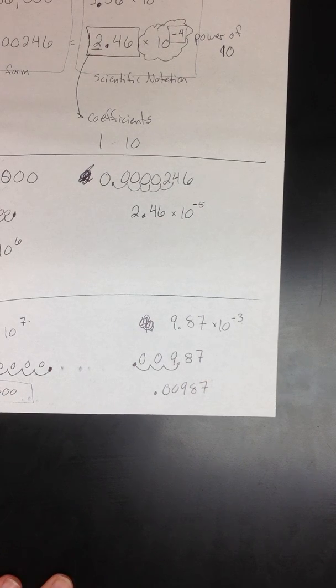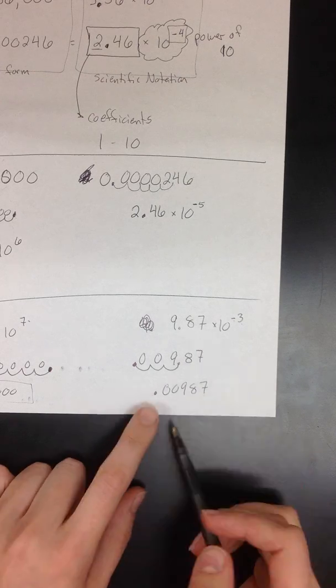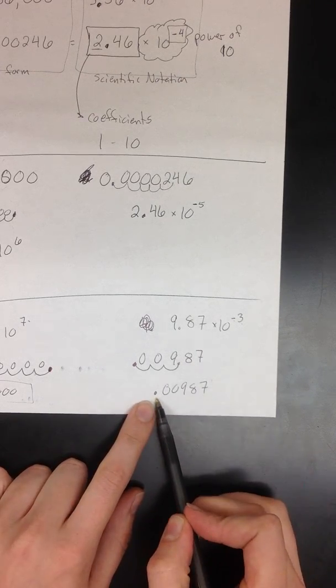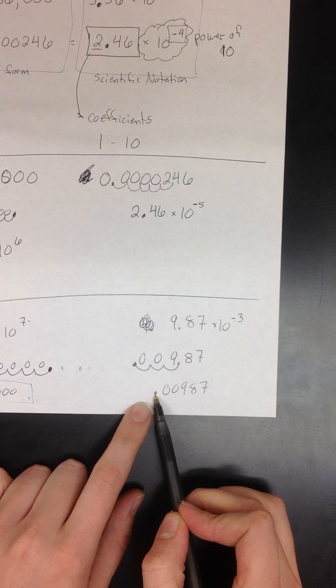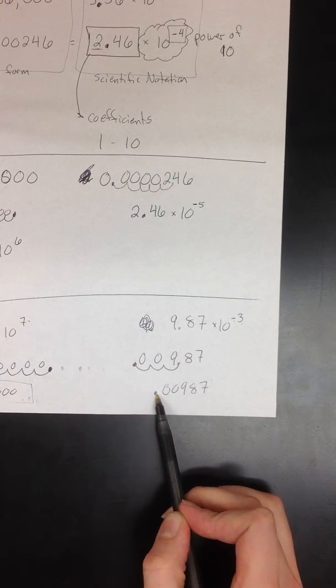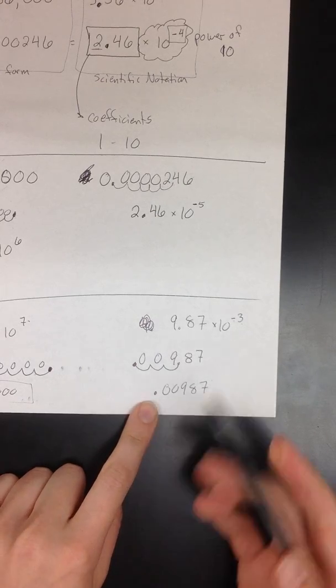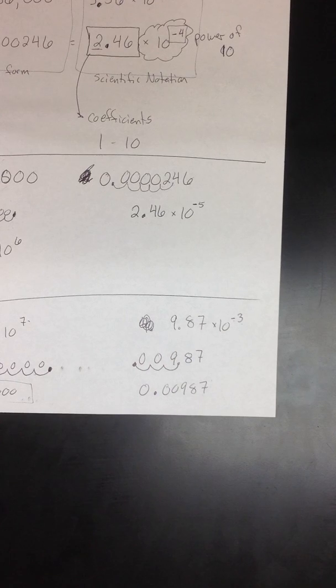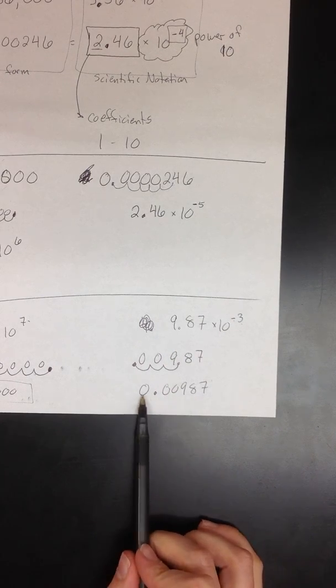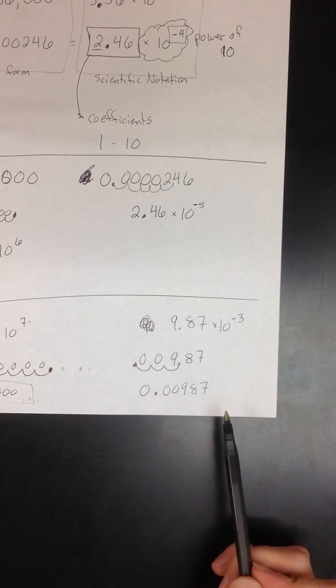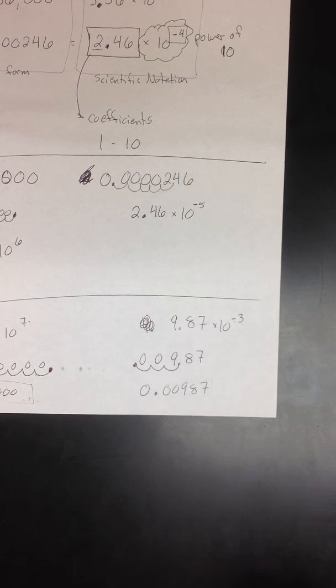Now, just as a formatting note, I personally don't like it to start with a decimal because that decimal can get lost in your handwriting. It's easy to lose. It also doesn't look very formal to start with a decimal. So I tend to put a 0 in front as a placeholder to say that this is 0.00, just to say that it's less than 1.